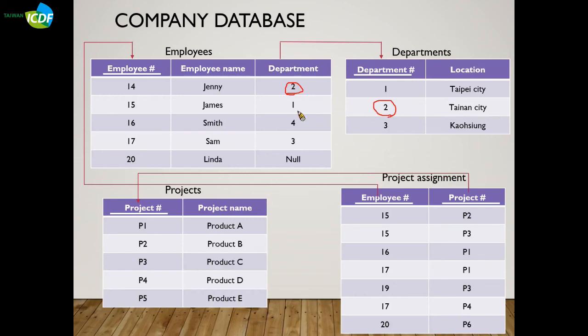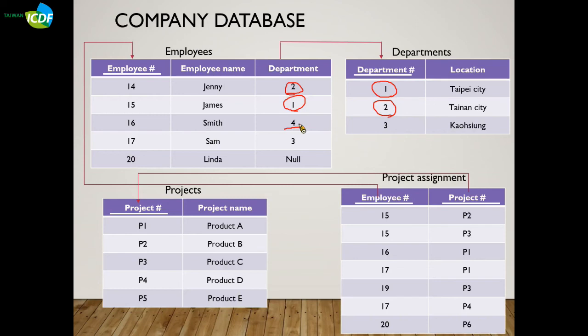And the second tuple, department number 1, this department number should be found in the primary key of the department table. As to number 4, number 4 cannot be found as a correspondence in the primary key of department, so it violates the referential integrity rule.